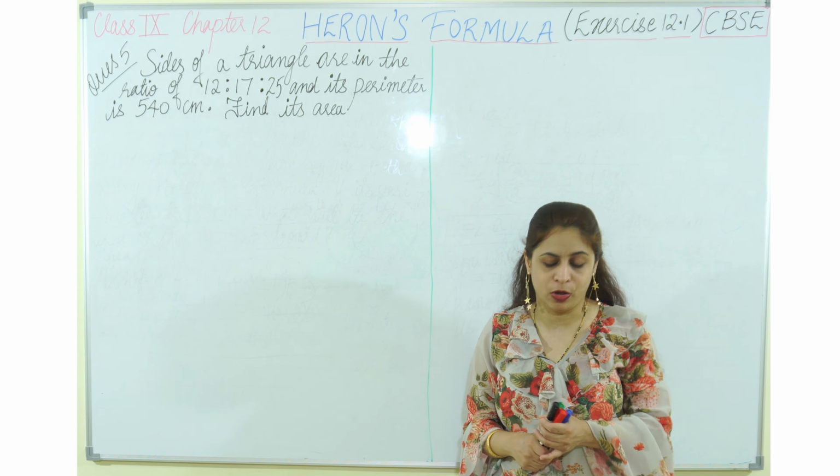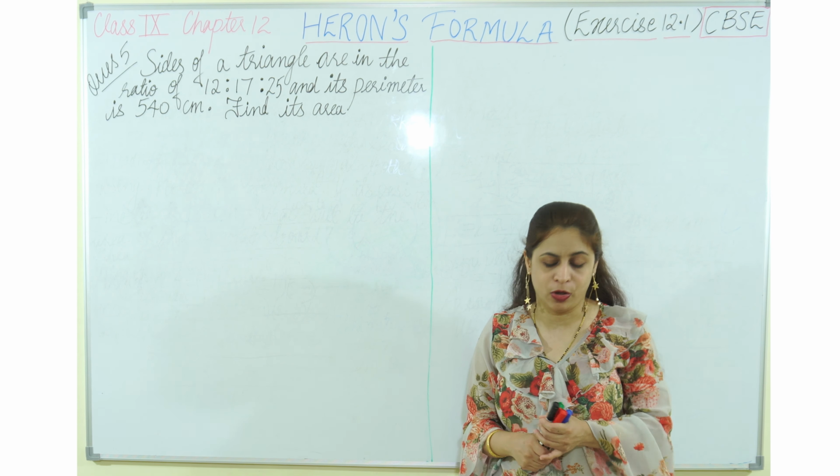After adding all these we will get 29x plus 25x, and 29x plus 25x will be 54x. So that will be equal to 540.